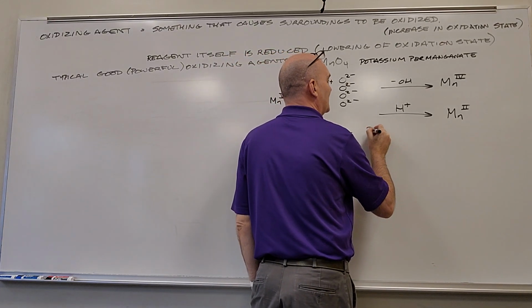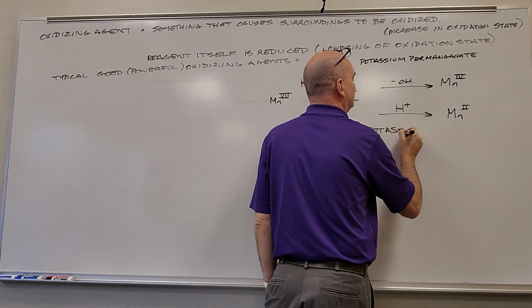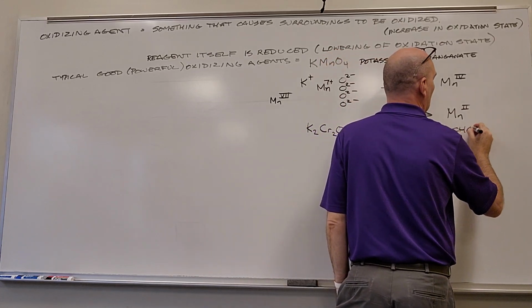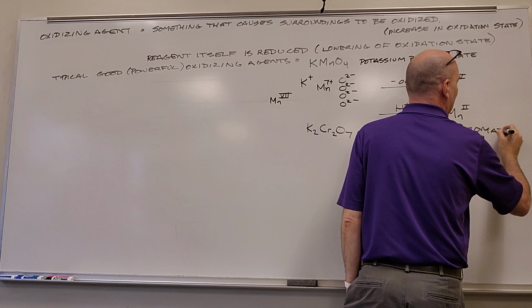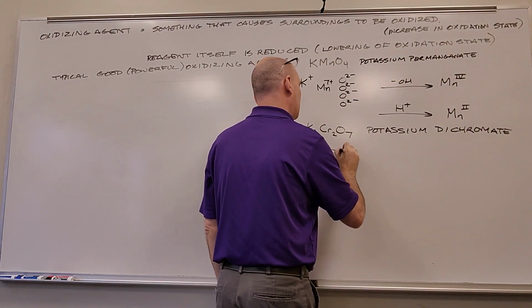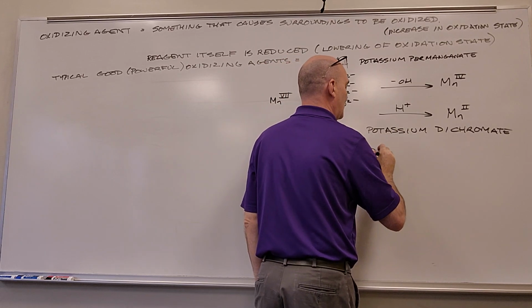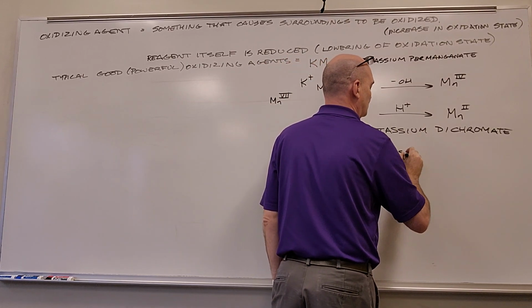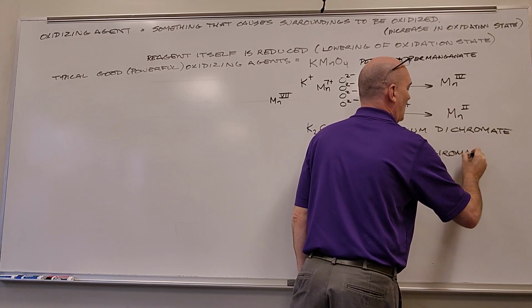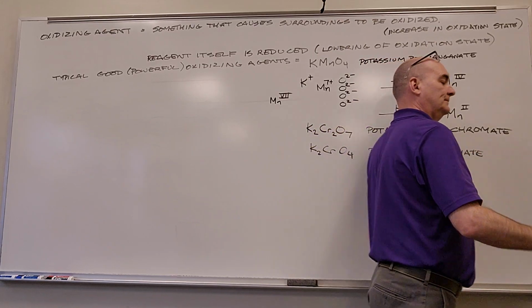This is potassium dichromate. And its simpler form is potassium chromate. What's the oxidation state on the chromium?